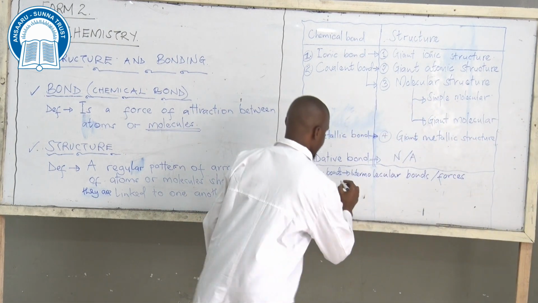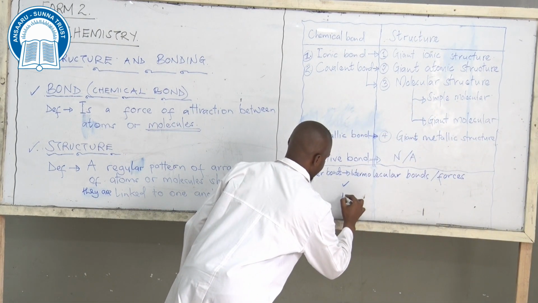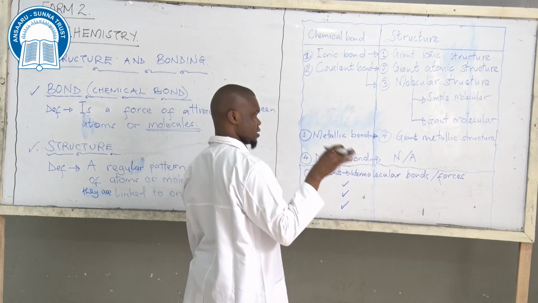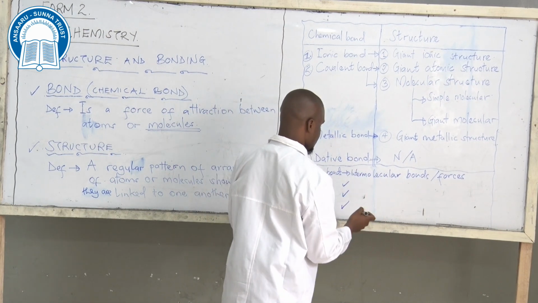There are three of them here, but two are the main ones. The third one is a special one in one specific compound.